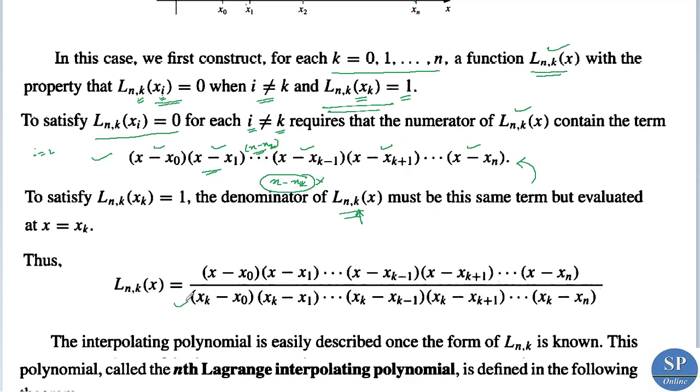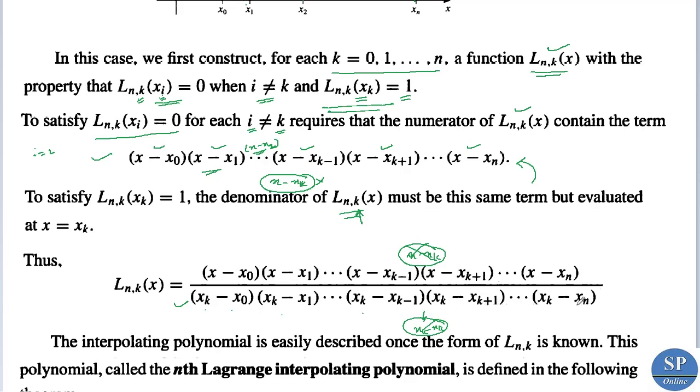Therefore we have the form Ln,k(x) equal to (x - x0)(x - x1)... (x - x(k-1)), and (x - xk) is not here, then (x - x(k+1)), etc., (x - xn), divided by (xk - x0)(xk - x1), etc., (xk - x(k-1)), and here there is no factor (xk - xk), right?